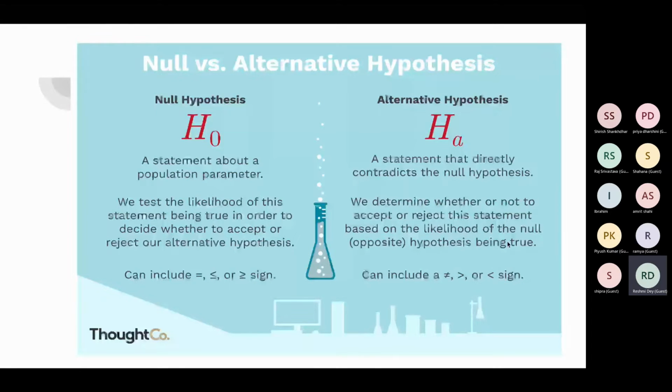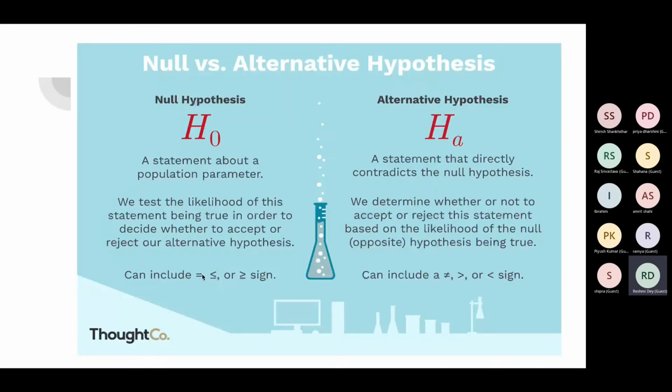Whereas for the alternative hypothesis, the likelihood of accepting it depends on the result of the null hypothesis. If the null hypothesis is false, then there is a chance that we might accept our alternative hypothesis. But if our null hypothesis is true, there is no chance of accepting our alternative hypothesis.